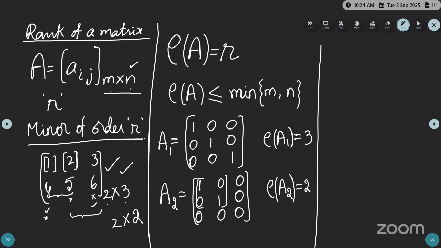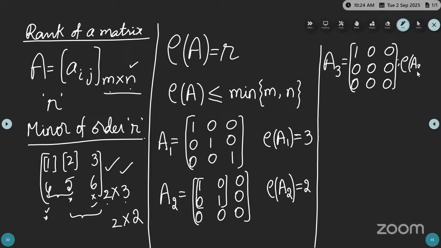Next, you just write these as examples. A3 equals 1 0 0, 0 0 0, 0 0 0. What is the rank of A3? Because all minors of order 3 are zeros and all minors of order 2 are zeros, there exists only one non-zero minor of order 1.